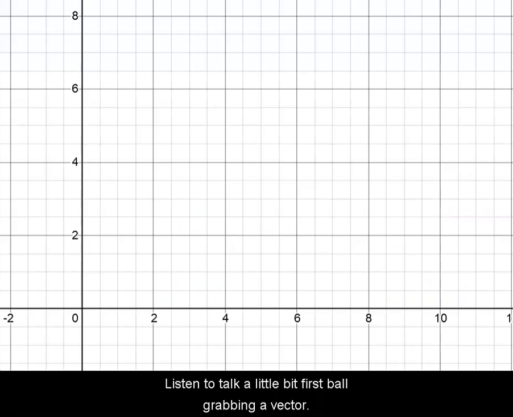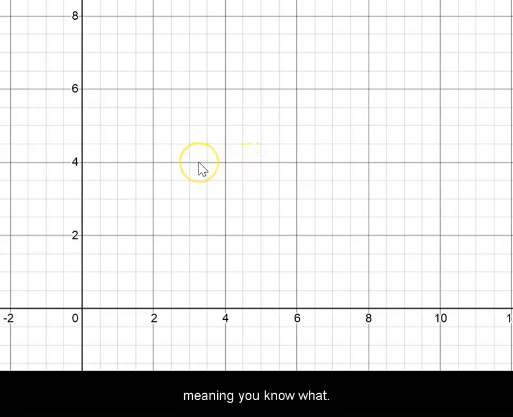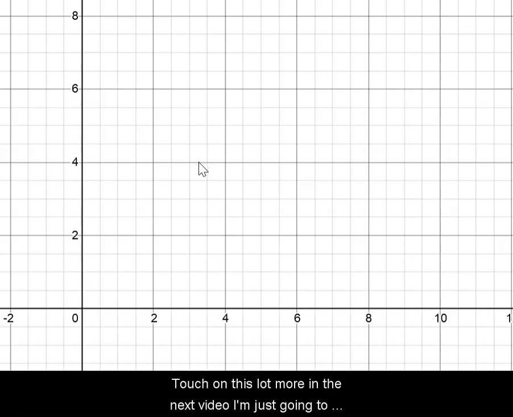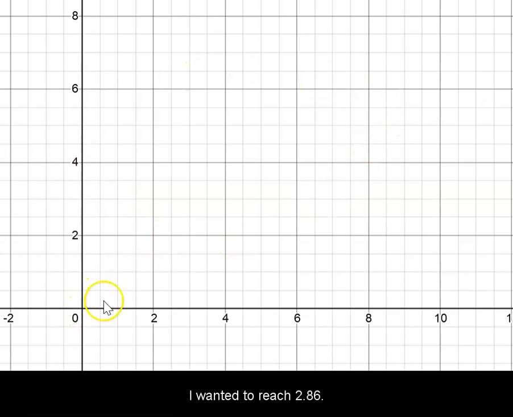Let's talk a little bit first about graphing a vector. Let's say that we actually have the components of our vector, meaning we know what numbers make it up, okay? We'll touch on this a lot more in the next video. I'm just going to discuss it now so that we can have a better understanding of the visuals that we're going to see. So if I wanted to reach the point 8, 6, okay?